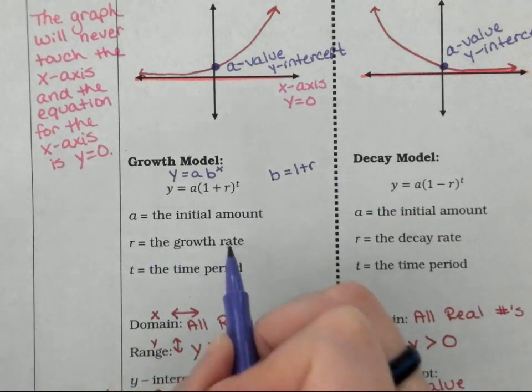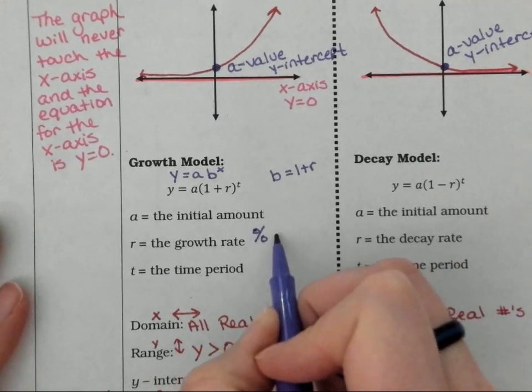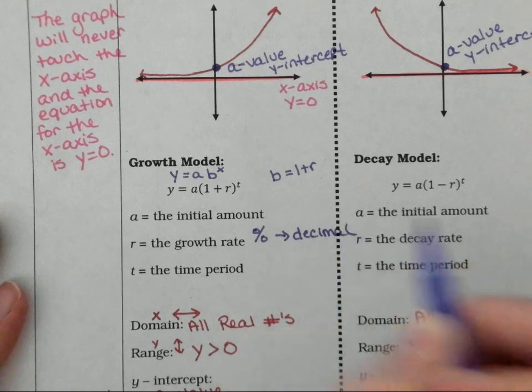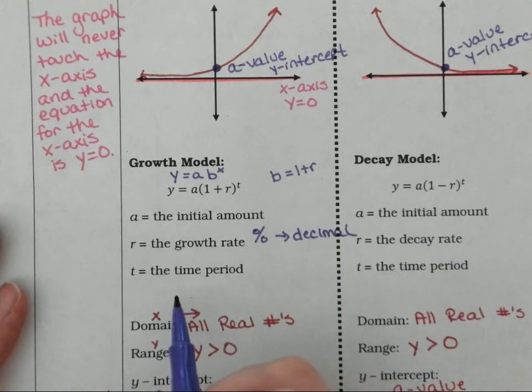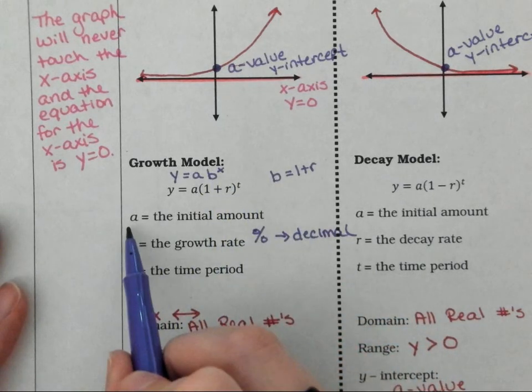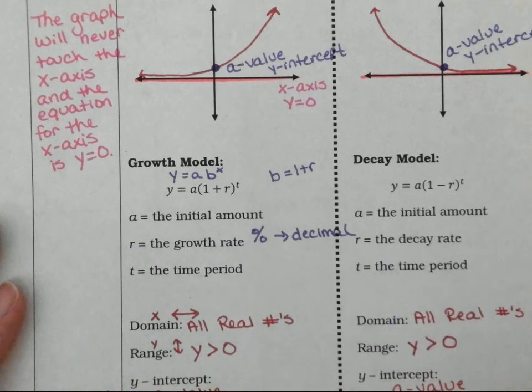R is your growth rate, and our growth rate is usually given as a percent, and we have to change it to a decimal. T just represents your time, and if you want to use x or whatever variable, that's fine. And then a, we've talked about a whole bunch of times already, is your initial value.